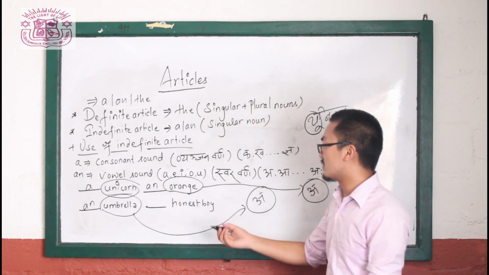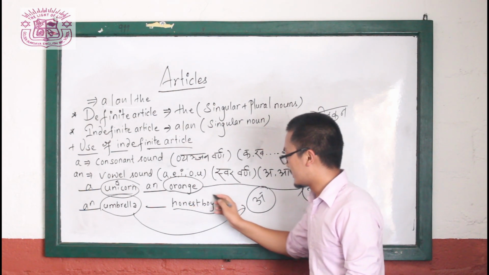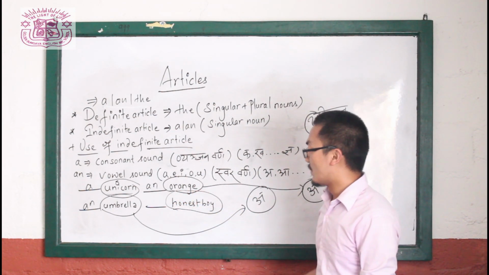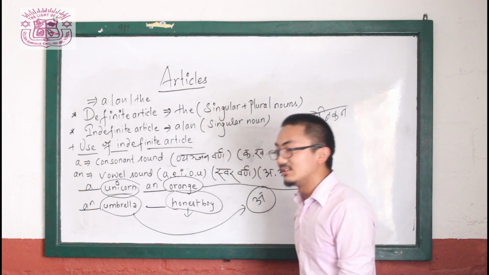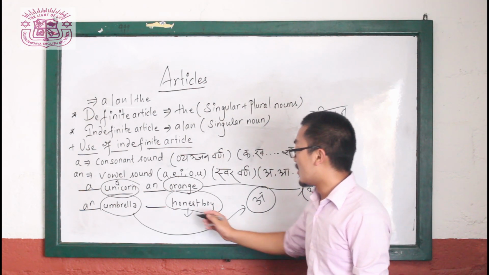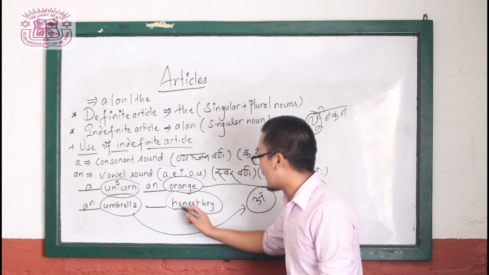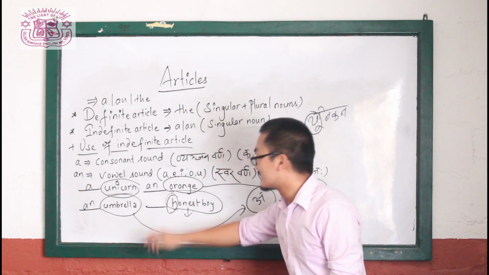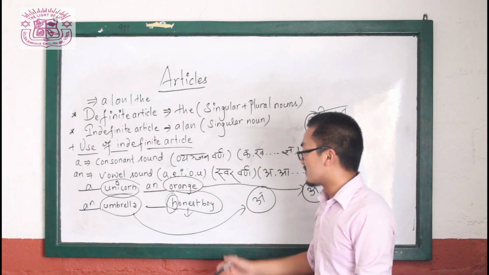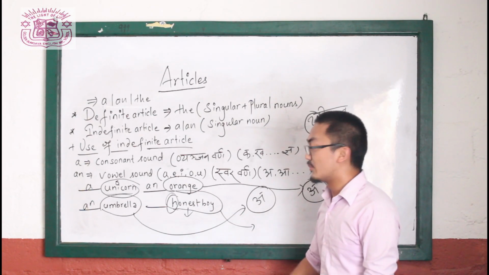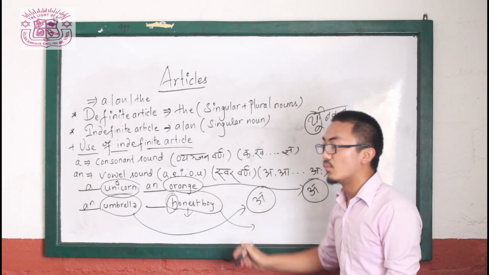Most of the students find too much difficulty in this type of word because they pronounce it wrongly. Most of the students pronounce honest with an h sound, but the actual pronunciation is onest, which means here the h is silent. So when you pronounce this word, it will be an honest boy.